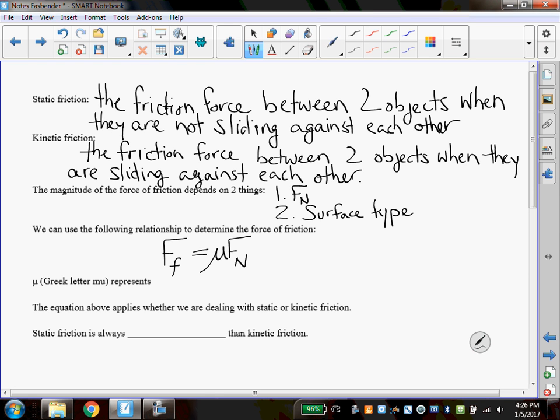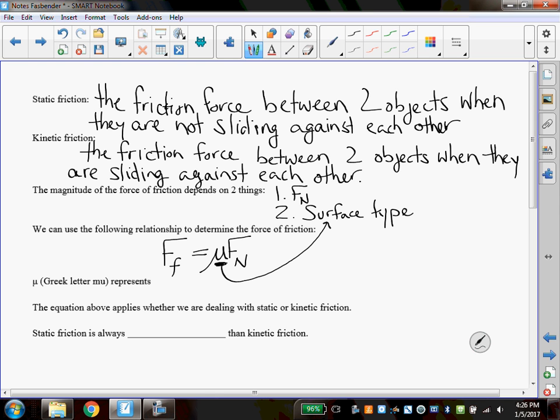There is the normal force, and then that coefficient of friction, the Greek letter mu, that represents the surface types. Because we can't have a number for something like tile or countertop or grass or denim, but we can have what is called the coefficient of friction.